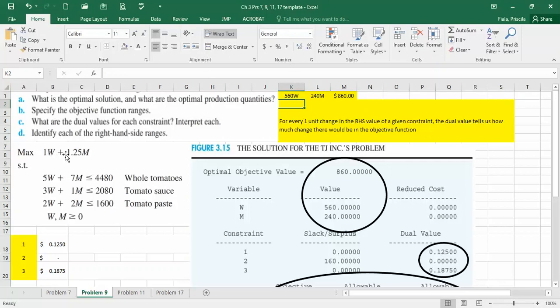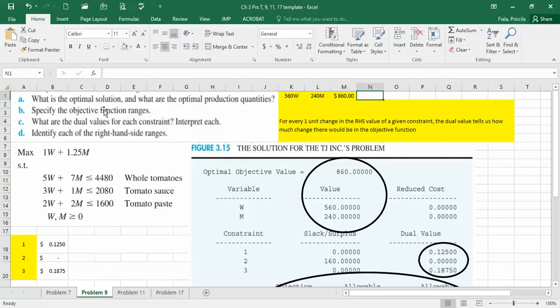If we have one jar at $1 for 560 jars and $1.25 for 240 jars, then the profit would be 860. To confirm that, we can do 560 jars times 1 plus 240 times 1.25, and you're gonna get 860, which confirms our values are correct.